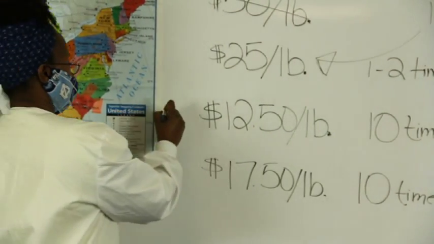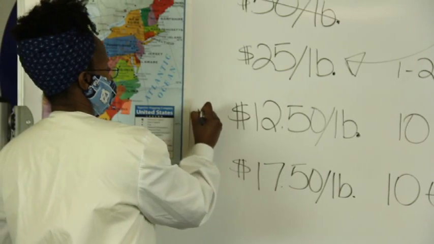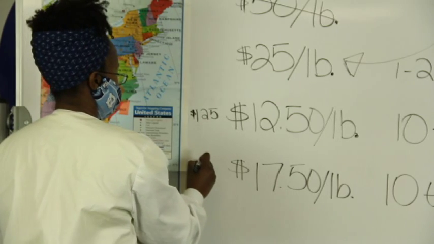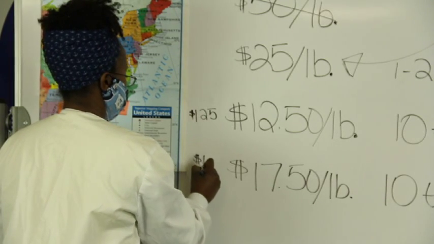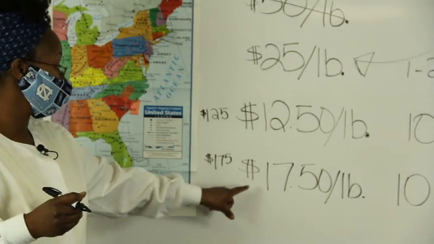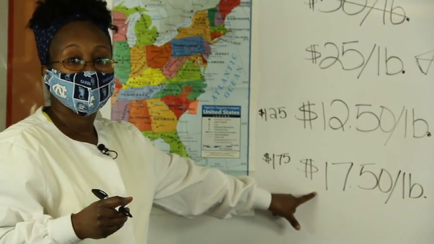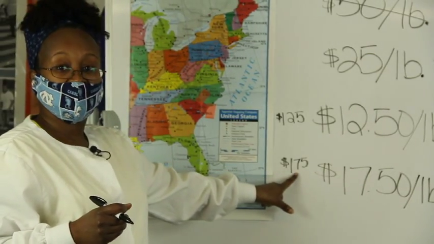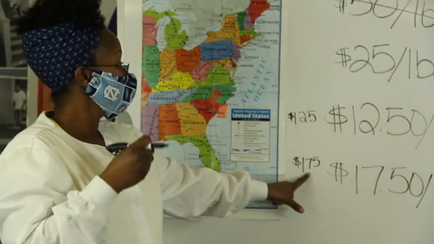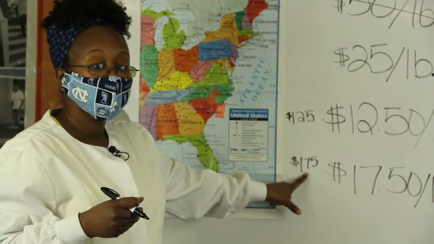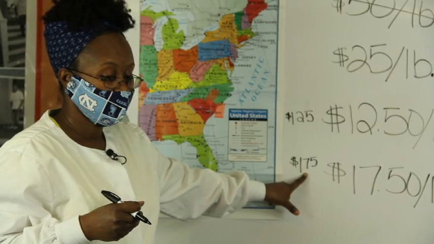So they went from the tourist $125 to $175. They didn't do anything different. Only thing they did was raise the price. So they found, I made $50 more. So this is how they make more money.